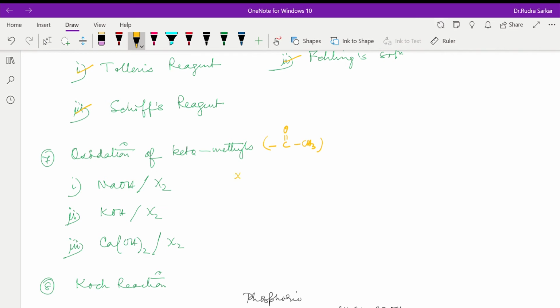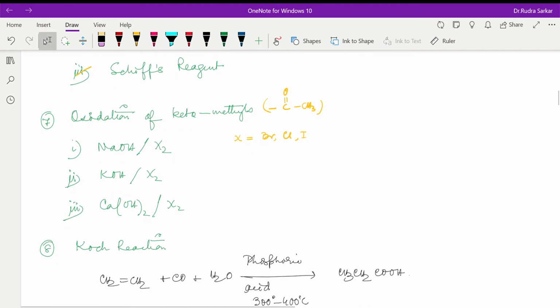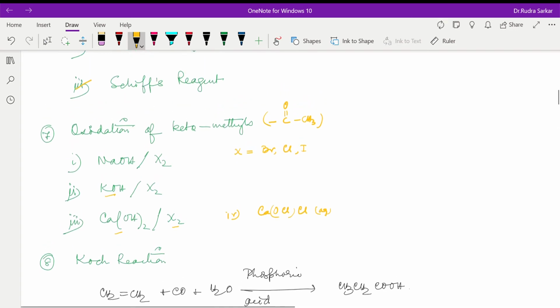X can be Br, Cl, or I. We can change the alkali to potassium hydroxide, same reaction will take place, or we can use slaked lime with X2, or we can even use CaOCl2 in aqueous medium, that is bleaching powder in aqueous medium, and also which can oxidize this carbon to carboxylate.